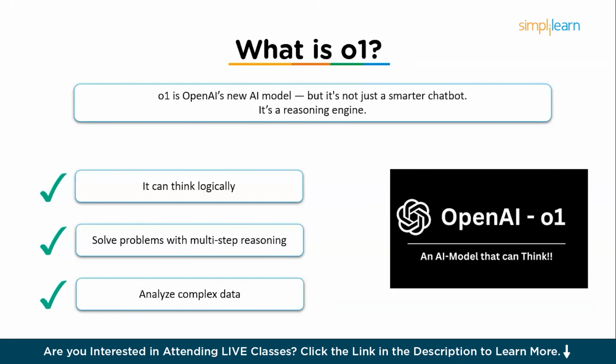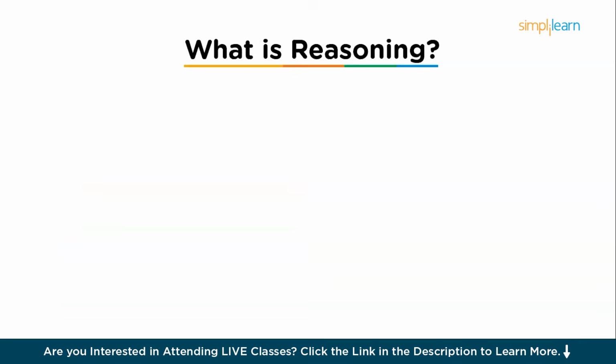In short, O1 is the closest we have come to building an AI that can think through a task, not just respond. So why does this matter? Because real world problems in maths, science, code and life require structured thinking, not just quick answers. So let's now move on to what is reasoning and why O1 needs it.